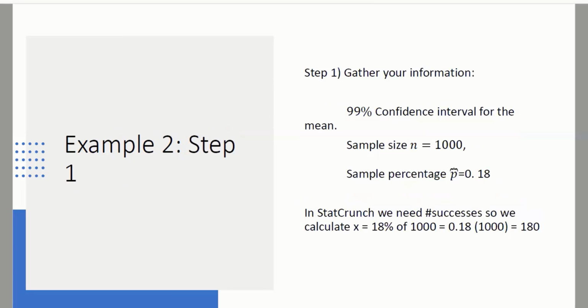If we know it's 18% that we're successful, and we have a sample size of n, then our x will be 18% of 1,000, or 0.18 times 1,000, or 180. So this will give us our number of successes by multiplying our sample percentage, our p hat, times our total number n.